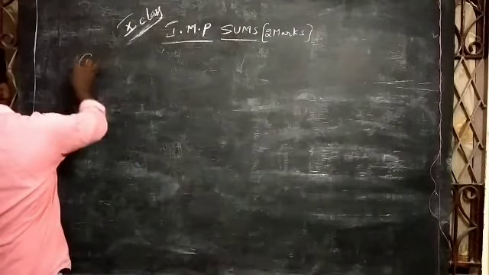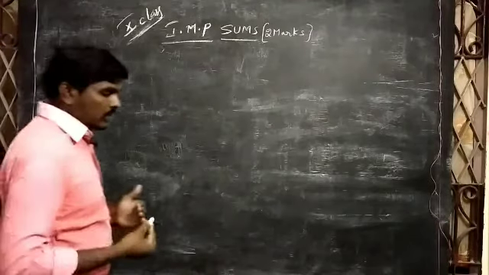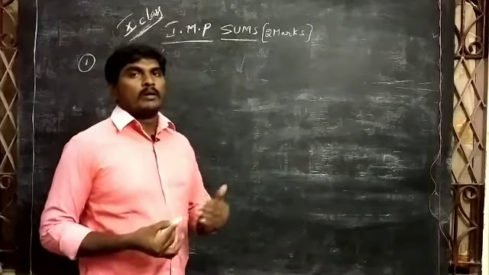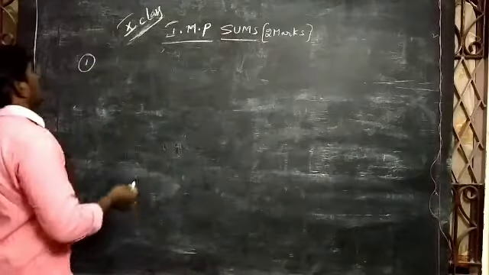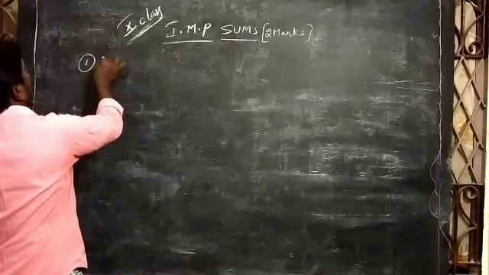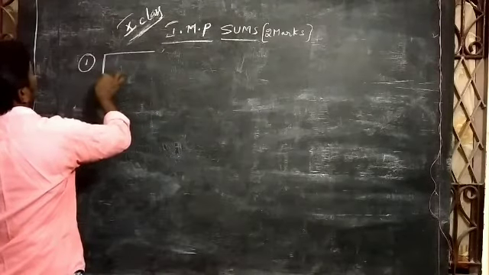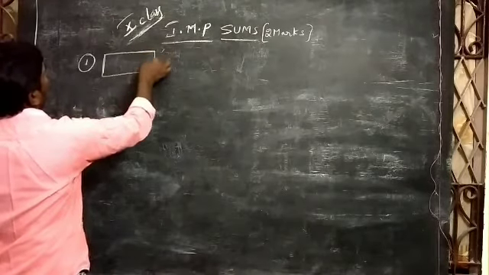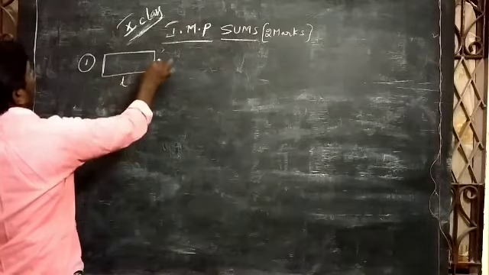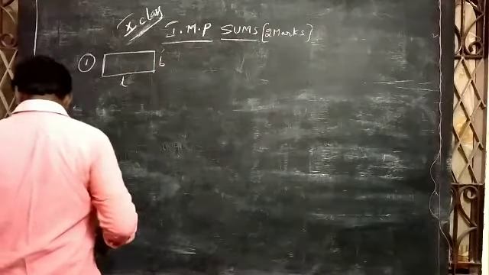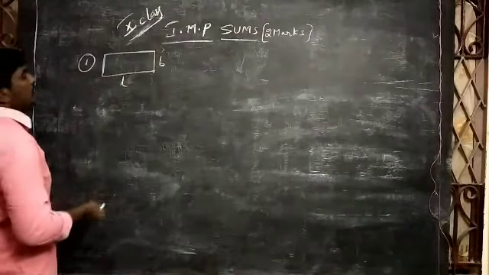This is one of today's questions, from exercise number 5.1 of the 5th chapter. First, a rectangular plot is there, so draw the rectangular diagram with length and breadth. Breadth and length we can write in terms of x.